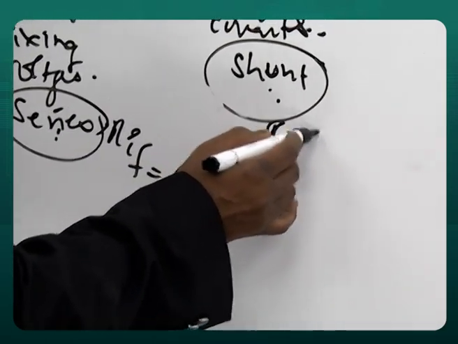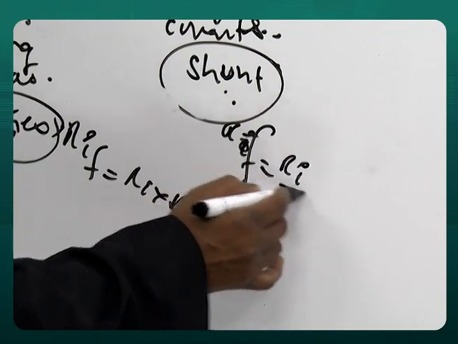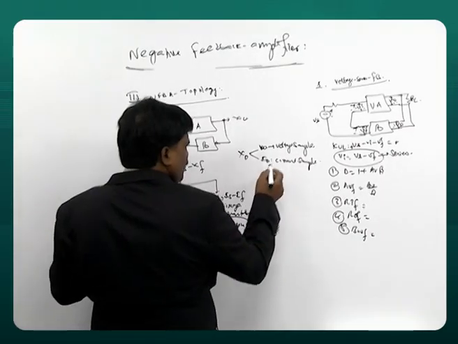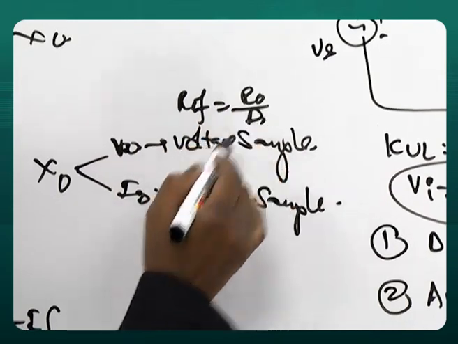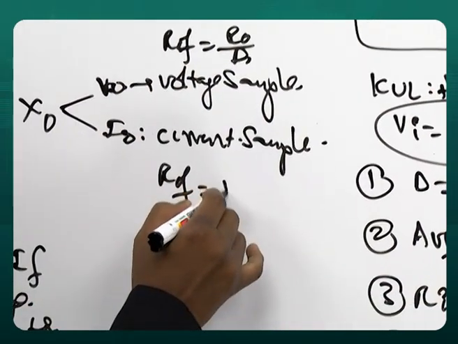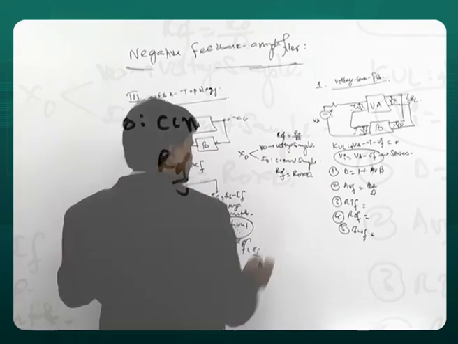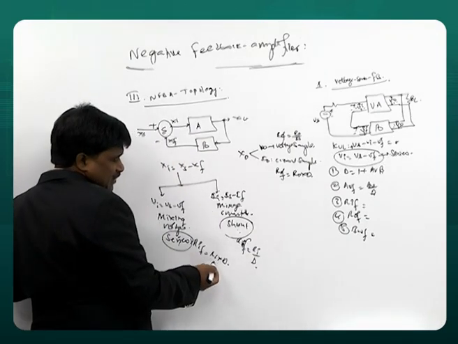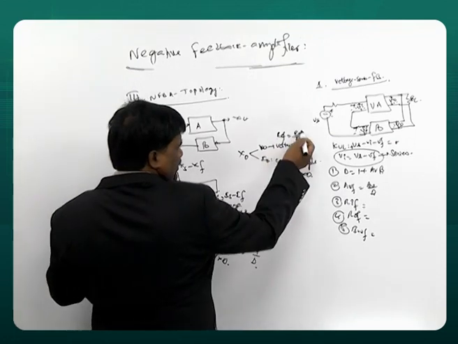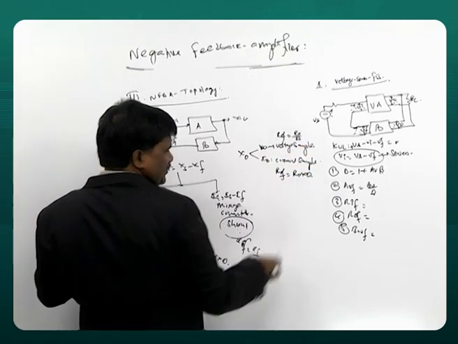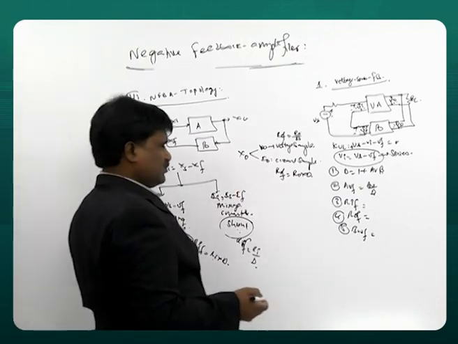When we say shunt mixing, RIF is divided. When you say voltage sample, R0F is divided. When you say current sample, R0F is multiplied. Once again, series means multiplied, shunt means divided. Voltage means divided, current means multiplied. This you have to follow now.